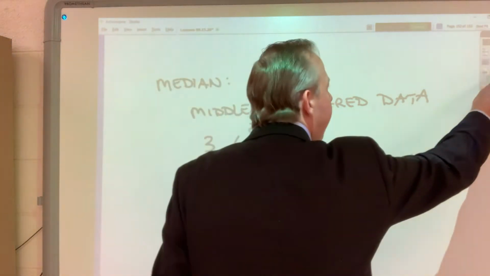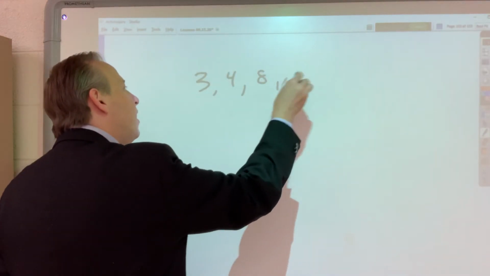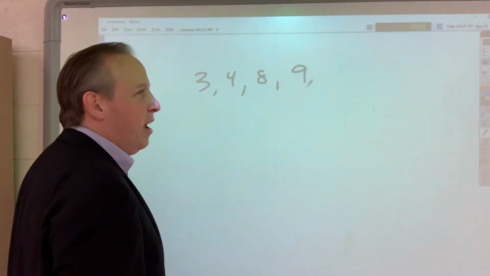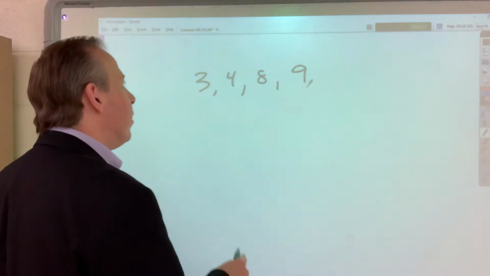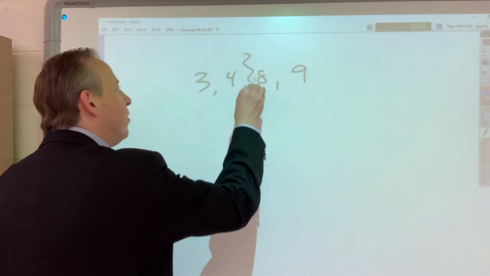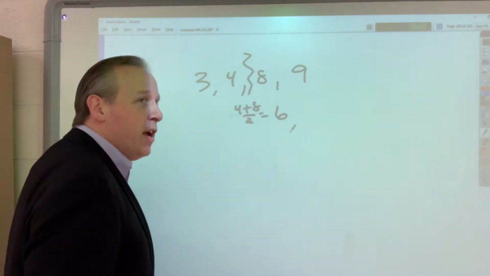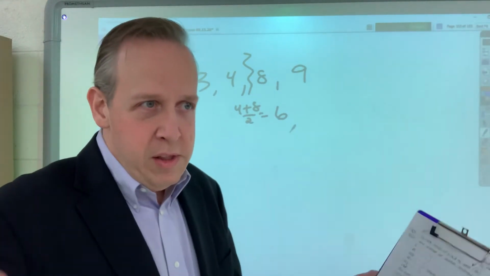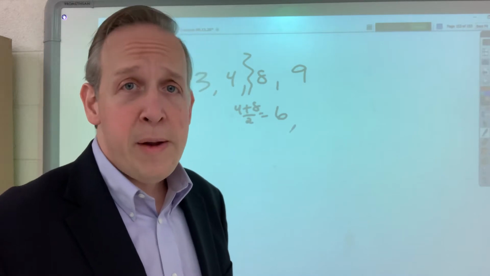So if we look at, let's say, 3, 4, 8, and 9, again, it's not going to be 4.5. It's what's in between the two middle values. Then 4 and 8 split the difference, and 4 plus 8 divided by 2 is now 6. It's always what's in between the two middle values when there's an even number of data points.